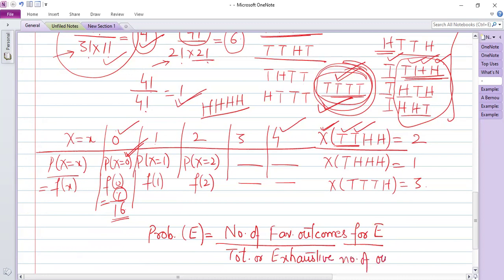This very classical definition of probability we are using.